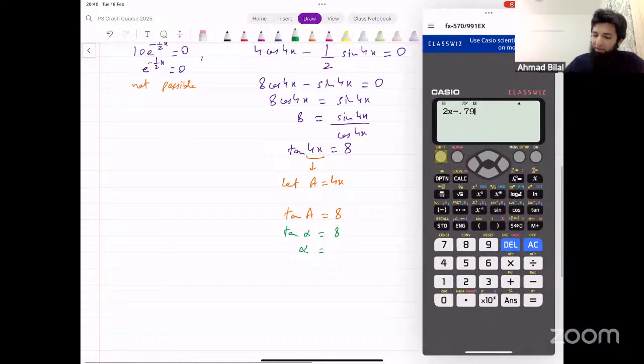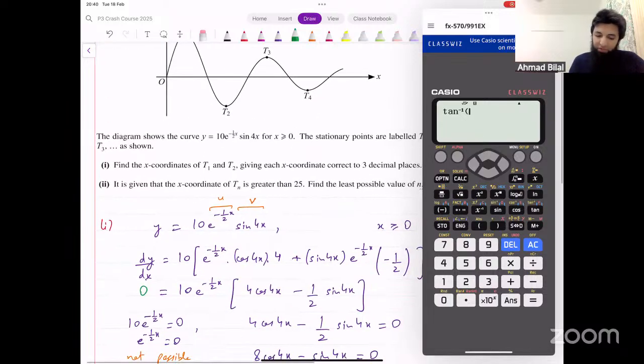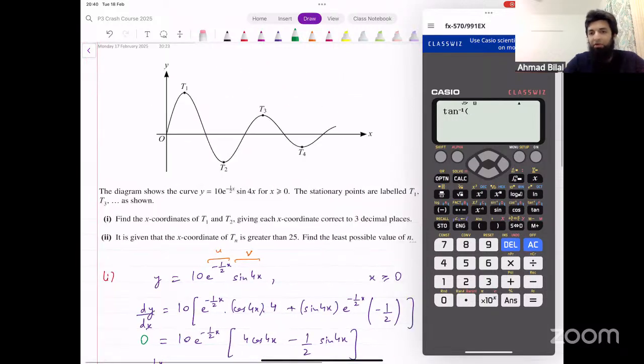What's the basic angle? Tan inverse of 8. Is it in radians or degrees? This is supposed to be in radians. Although the question does not specify, remember you always use radians in all P3 topics unless the question specifically uses degrees somewhere.